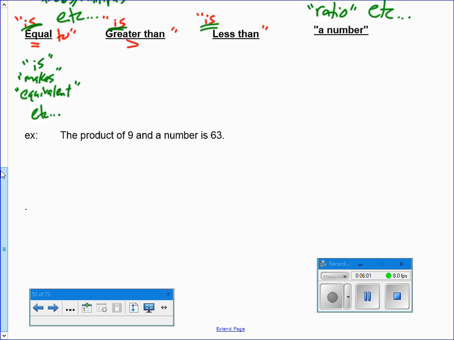So is greater than, we're looking for something like more than, and if we have a greater than or equal to, another way to describe that is to say at least. And again, there are different ways of expressing that. That's just two examples.